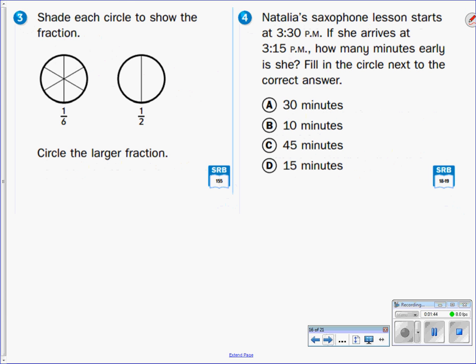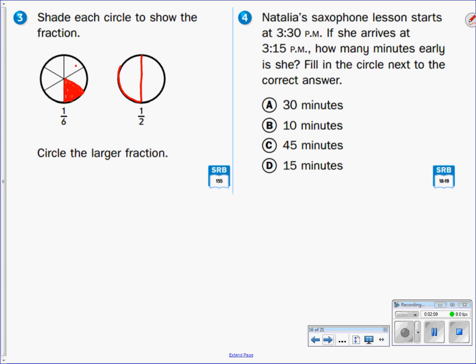Number 3, shade each circle to show the fraction, so 1/6. So if I count these, I have 1, 2, 3, 4, 5, 6, so I only want to shade in one of those. Okay, and then I want to shade in 1/2. There's 2 parts there.